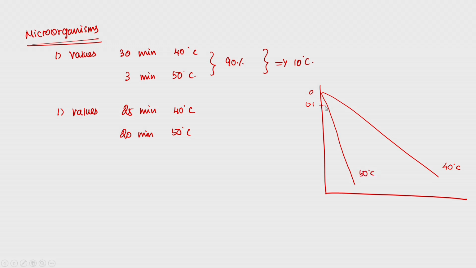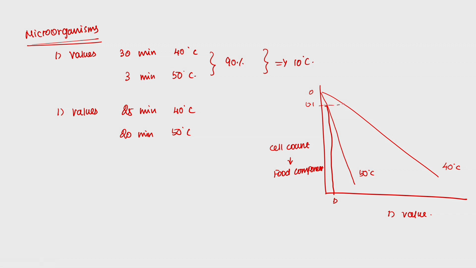So I have the D value. I am talking about D value, so this may be a cell count as well as some food component.